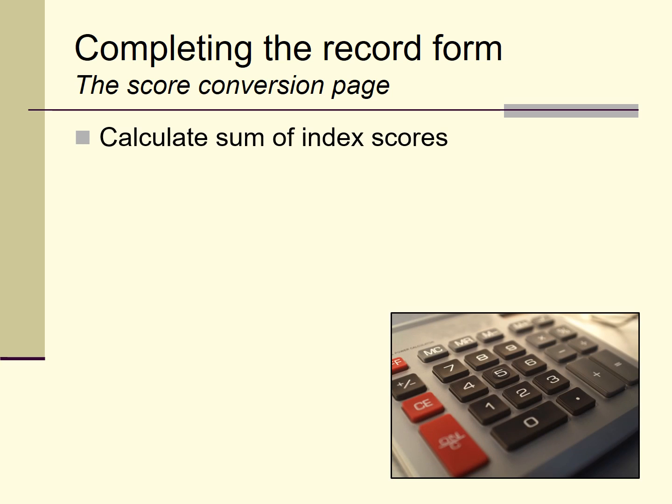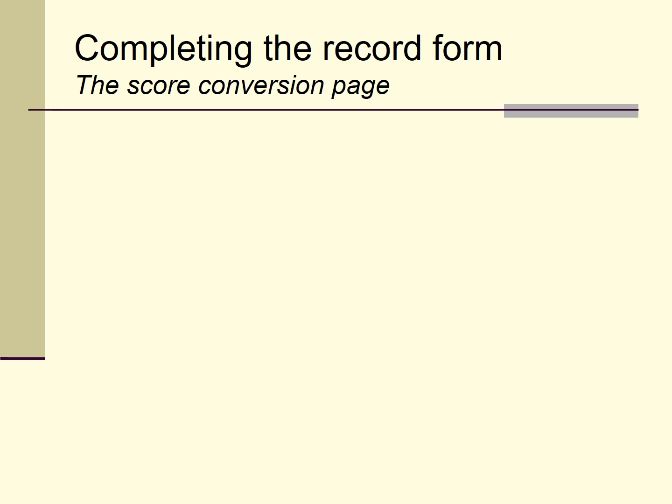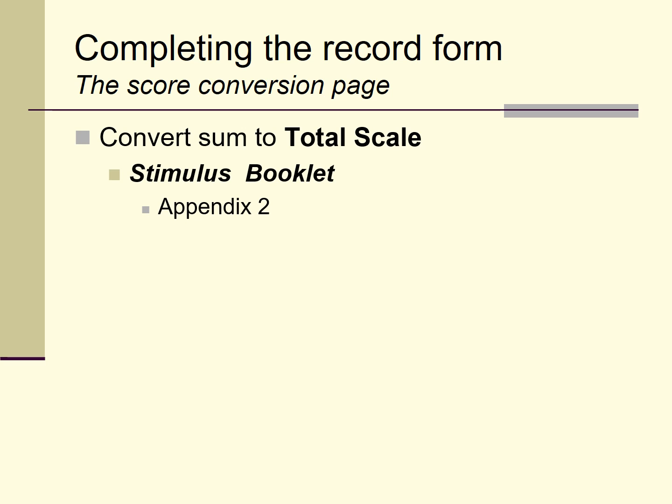Next thing you do is you sum up those index scores, and you convert that sum to a total scale based again on a table in Appendix 2 of the stimulus book. So one of the things that's really nice about the RBANS is there's not a lot of hunting around you have to do to get the right tables and the right conversions.